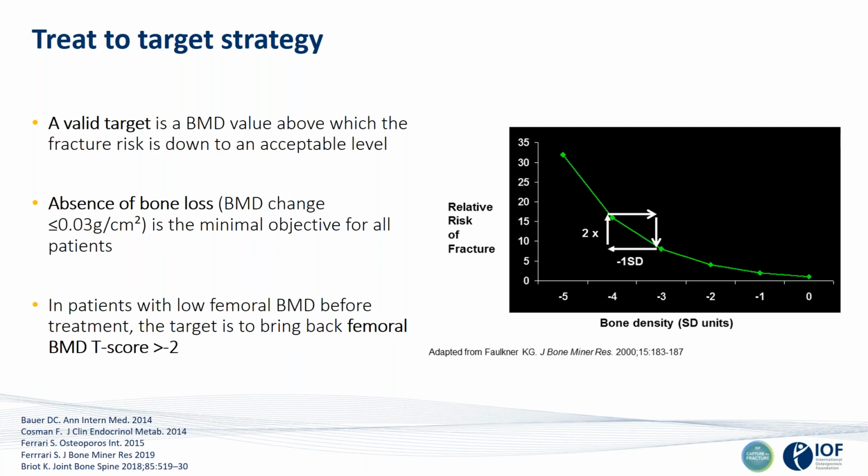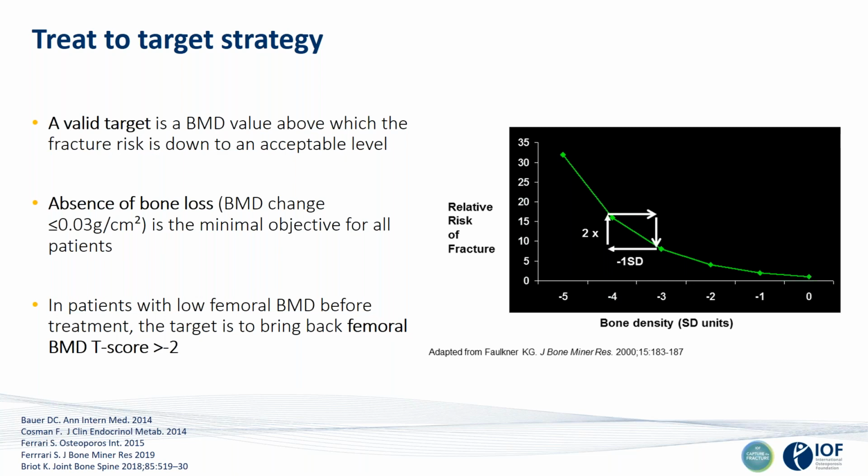If you start with a patient with a low BMD, then one of your goals is to improve the BMD and to push the BMD back to a normal level, or at least in the range between -1.5 and -2, because we have very good data now showing that the higher the BMD you get with your treatment, the lower the risk of future fracture the patient has.